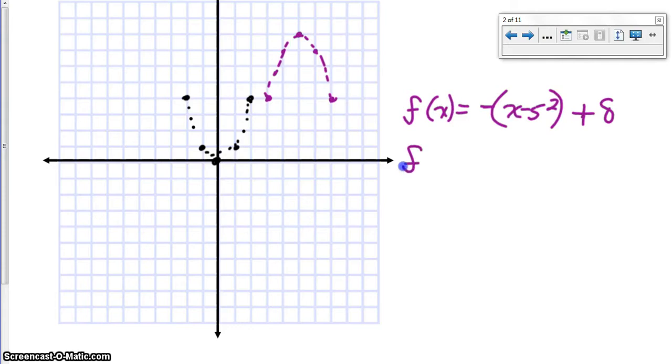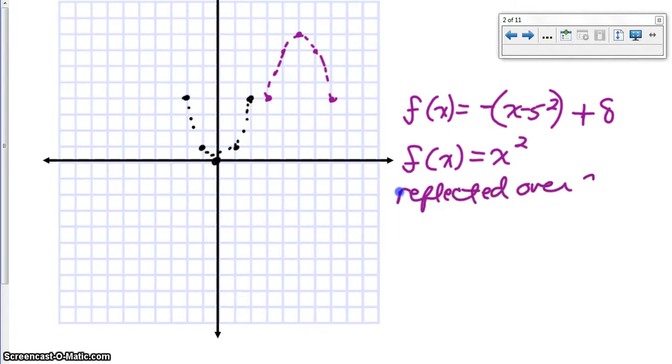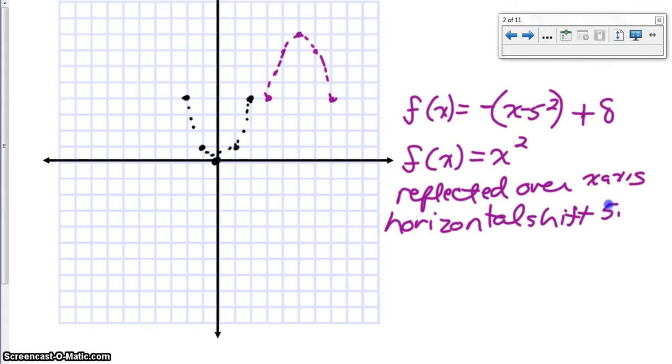So my parent function is f of x equals x squared. I reflected over the x-axis. I did a horizontal shift five right.